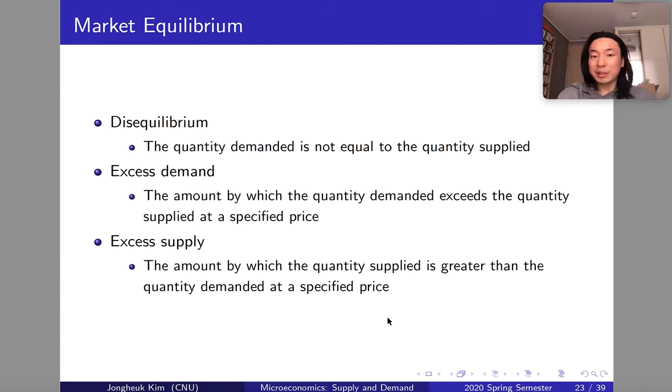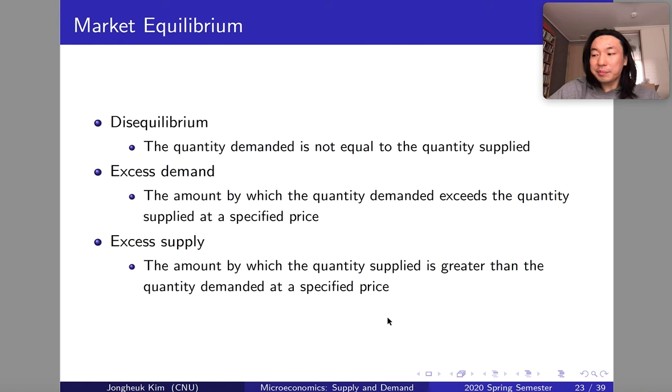One is where the quantity supplied is larger than the quantity demanded, which is called excess supply, which means we don't have any equilibrium at that price level. Sometimes the quantity demanded is larger than the quantity supplied, which is the other type of disequilibrium. So if quantity demanded and quantity supplied are not equal, we have a disequilibrium situation.